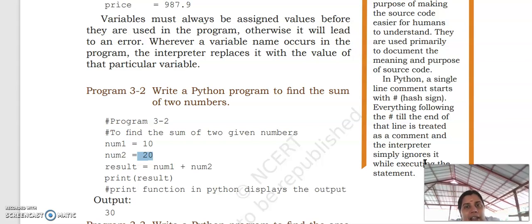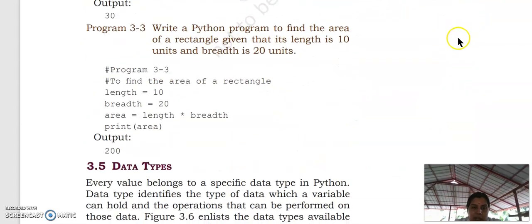But when we are getting output, we have to print using the print function. Then only we can display the result. So the output becomes print result. That means num1 plus num2, 10 plus 20, which equals 30. Then output will be 30. So hope you understand this program.